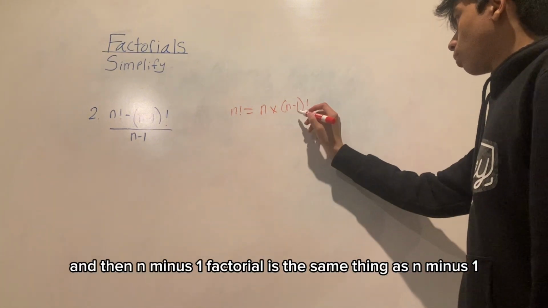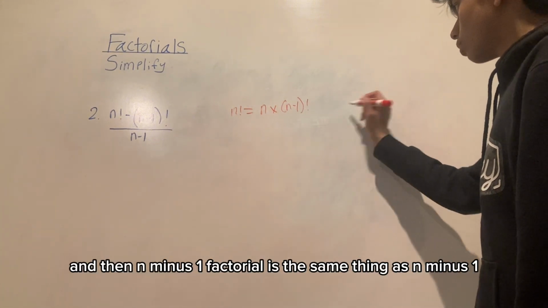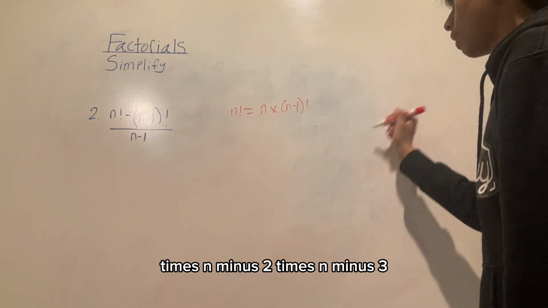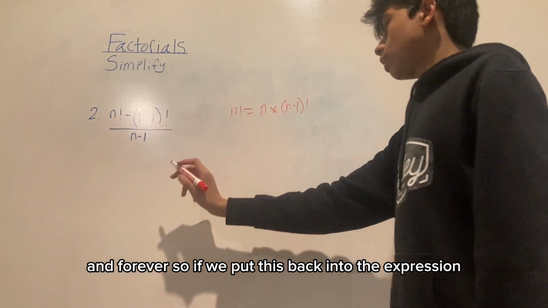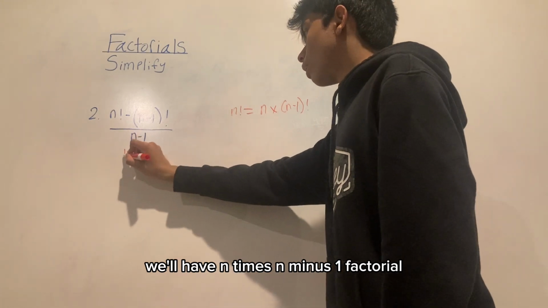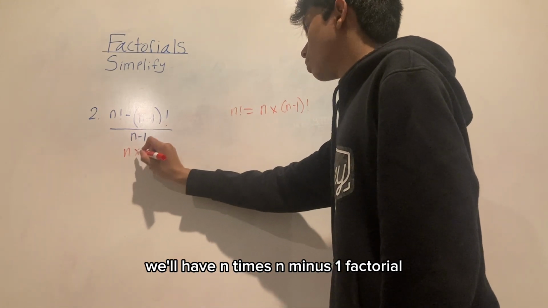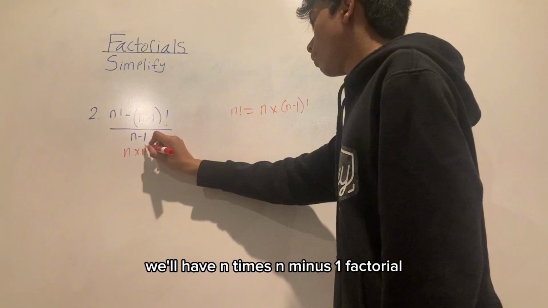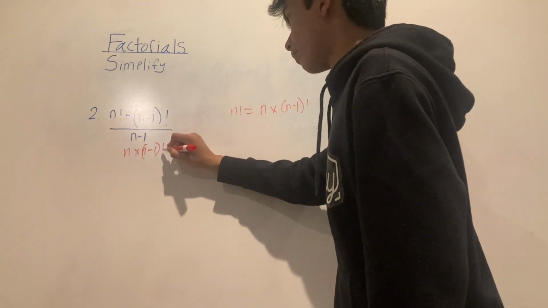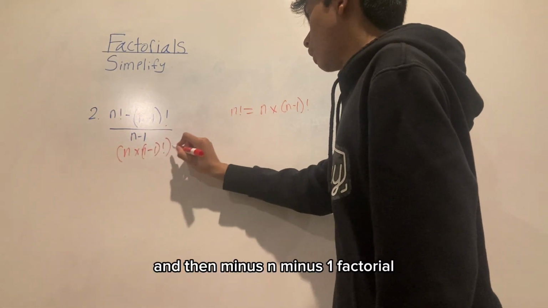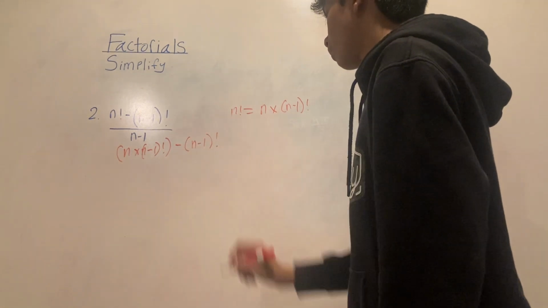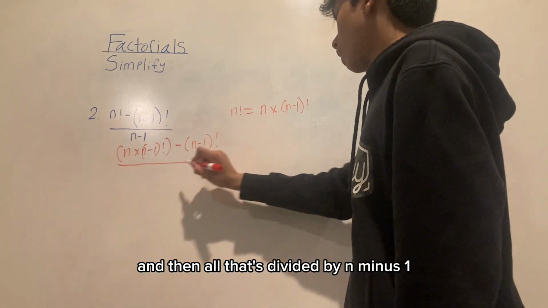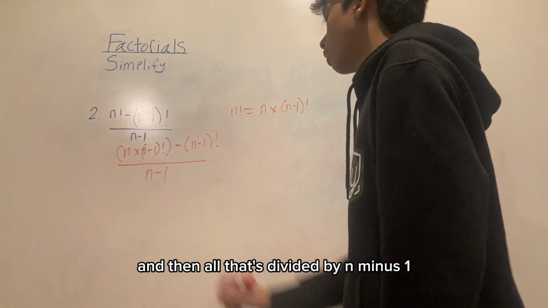And then n minus 1 factorial is the same thing as n minus 1 times n minus 2 times n minus 3, and forever. So if we put this back into the expression, we'll have n times n minus 1 factorial, and then minus n minus 1 factorial, and then all that's divided by n minus 1.